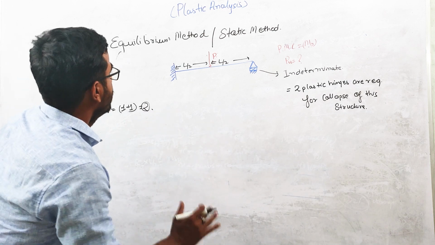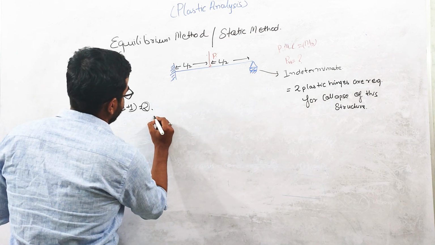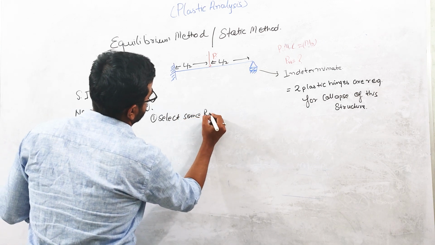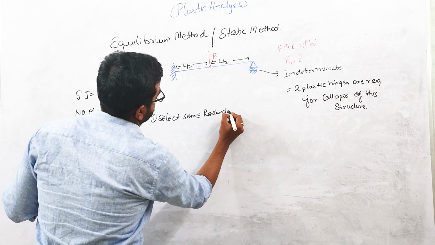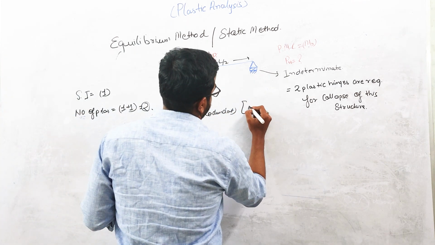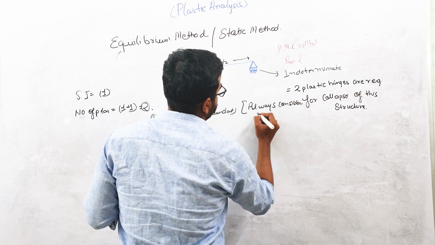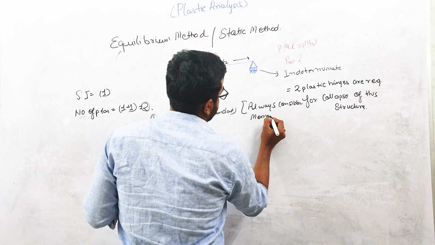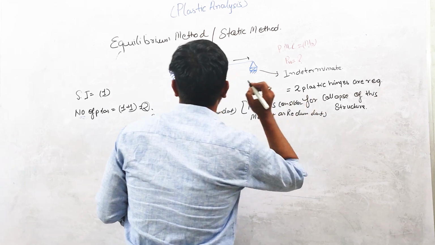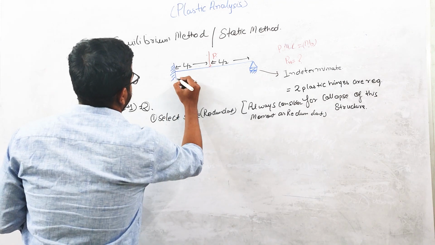Now the important thing: if you want to solve this problem by the static method or equilibrium method, first we need to select some redundant, and we will consider the moment as the redundant.